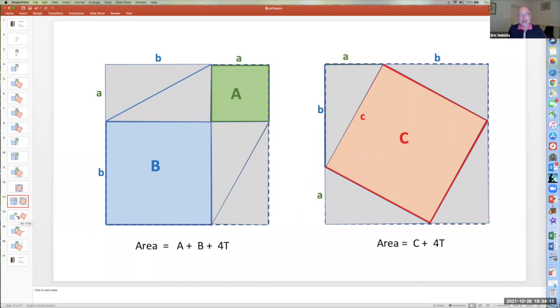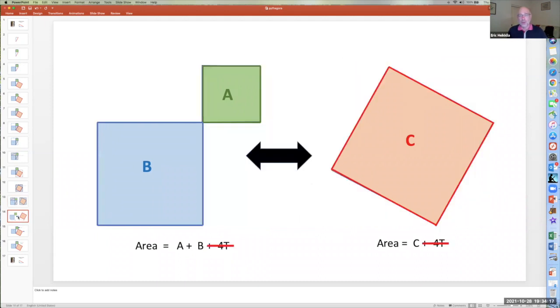So let's wave our magic wand and just make those triangles disappear and see what we're left with. What we're left with is the square A, the square B over here, and the square C over here. The four triangles have left, and so the remaining area no longer contains the four triangles.